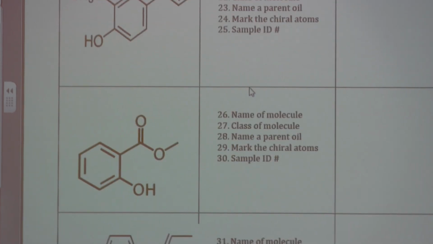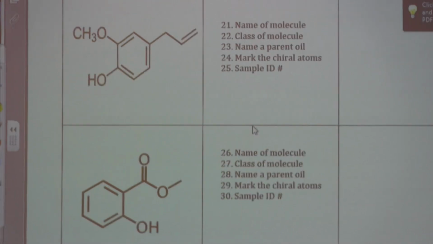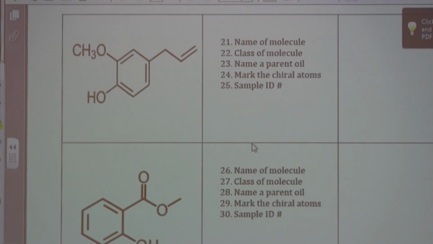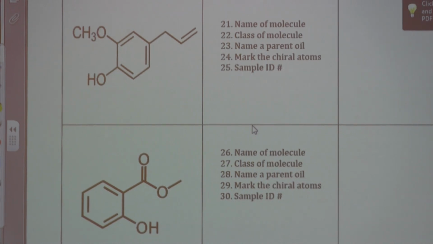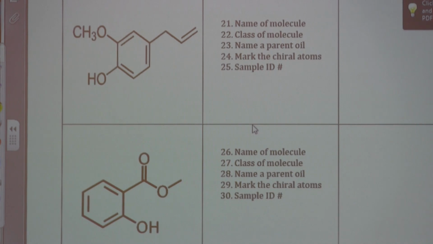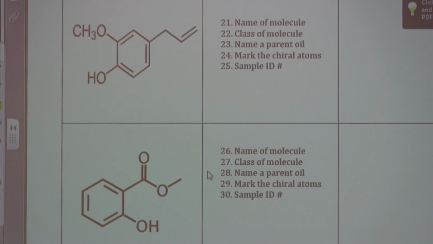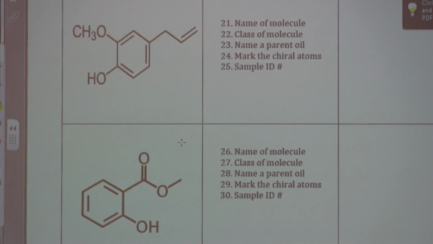The next one is eugenol. And the class there would have been what? Yeah, it's multifunctional, right? Because you've got an alcohol group here, you've got a phenol, and you've got an ether. So there's several things going on here.